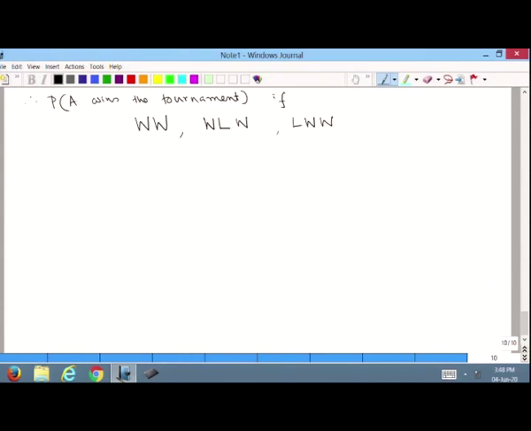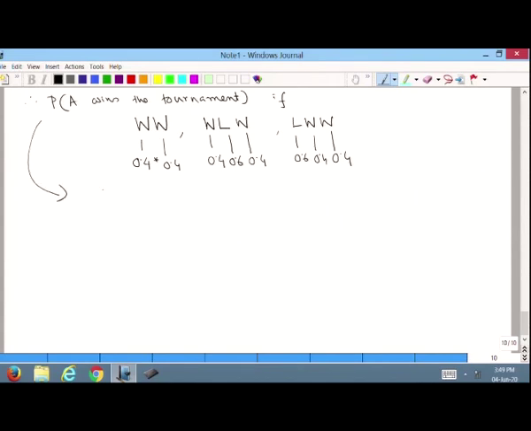So, these are the 3 disjoint scenarios when A wins the tournament. So, this probability is 0.4 multiplied by 0.4. Here it is 0.4, 0.6 and 0.4, and here it is 0.6, 0.4 and 0.4.